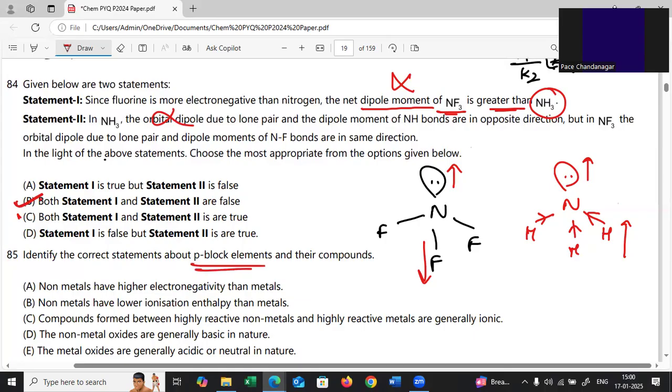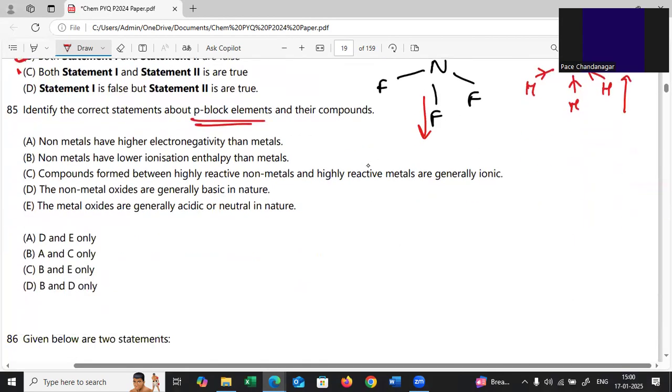What are the correct statements? Non-metals have higher electronegativity than metals. Perfect, yes. Non-metals have lower ionization enthalpies than metals. No, metals have lower ionization enthalpies, because what is ionization enthalpy?